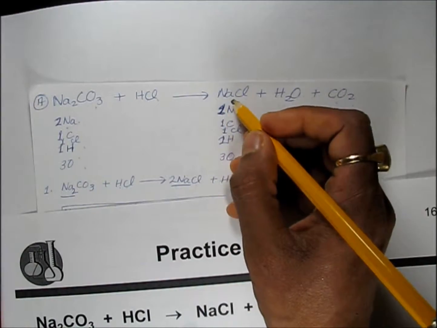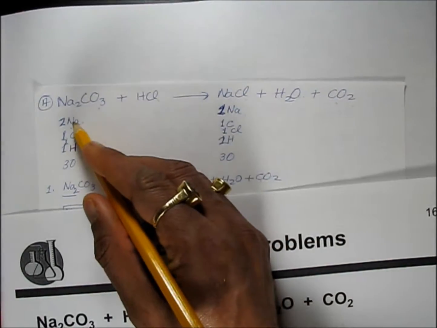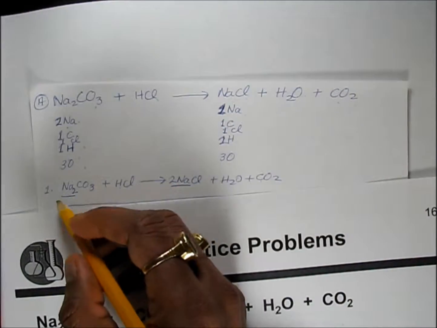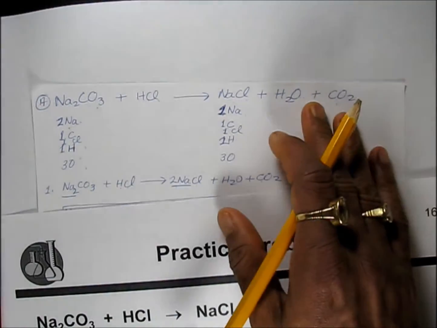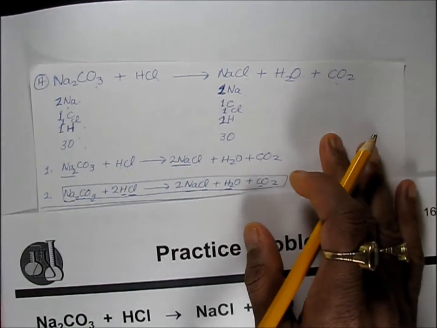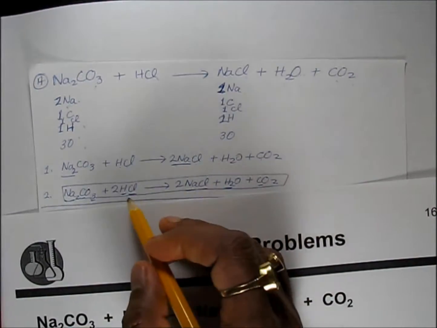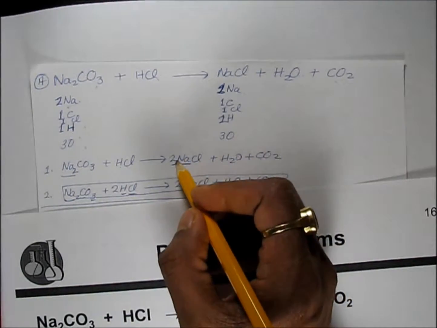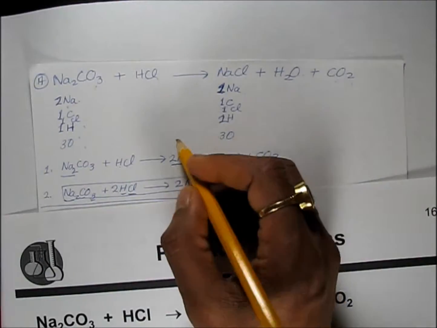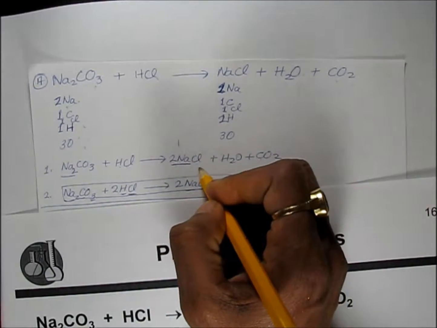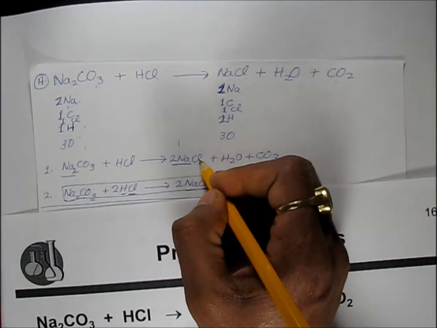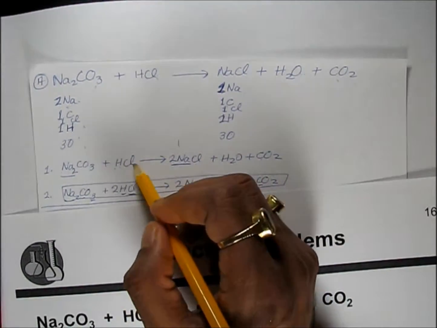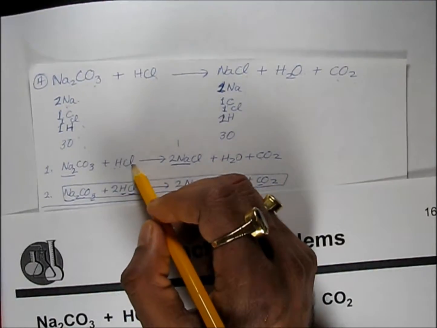There are 2 sodium and here is only 1 sodium, so now the sodium will be balanced. But there will be 2 chlorine because we added a coefficient here. So coefficient means there will be 2 sodium chloride molecules. So we have to add one more coefficient on this side, number 2, so that we can balance chlorine.